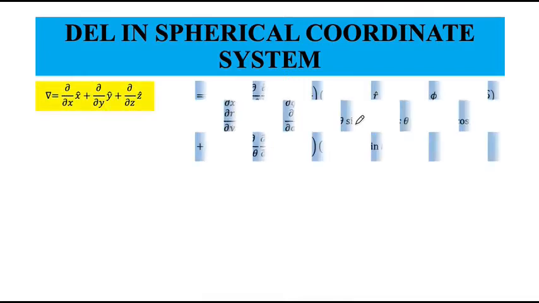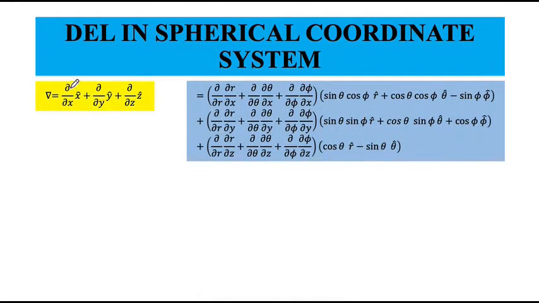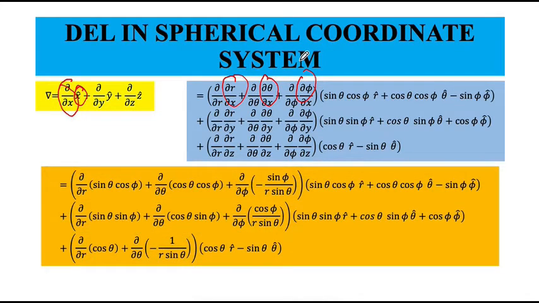So again we will put the value of each quantity independently, and then we will put the value of the partial differentiations. Okay, and then by solving it we will get the final result. So this is my expression of del in the spherical coordinate system. This is my desired result.